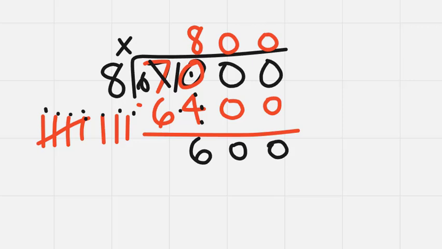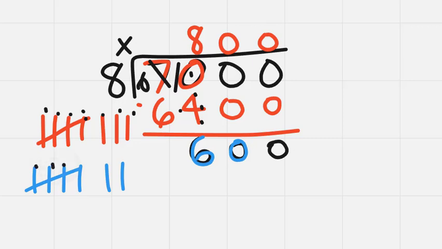Now we start the whole process over. We're dividing again. This 6 is less than 8, so we need to look at the number next door. 60. We're going to count by 8 until we get to 60 without going over. Let's count. 8, 16, 24, 32, 40, 48, 56, 64. 64 is too high, so we stop at 56.